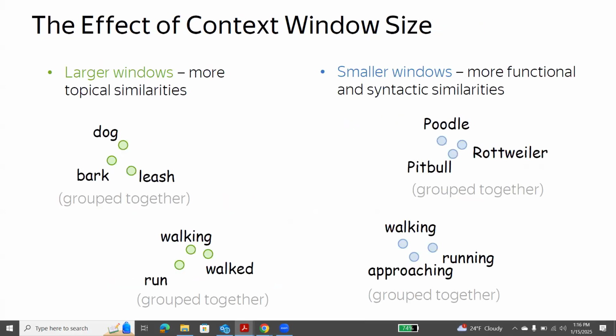So this slide demonstrates the difference between large and small sliding windows. If we use a large sliding window, then these embeddings will learn some general semantics. If we use a smaller sliding window, then the words will be grouped by syntax.